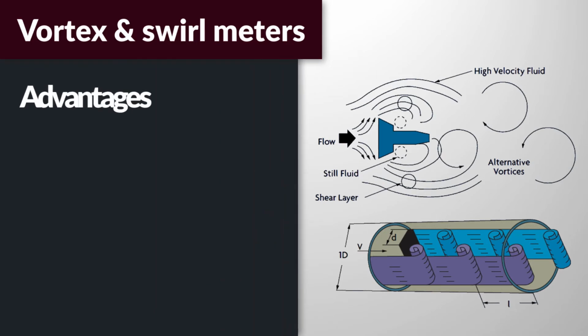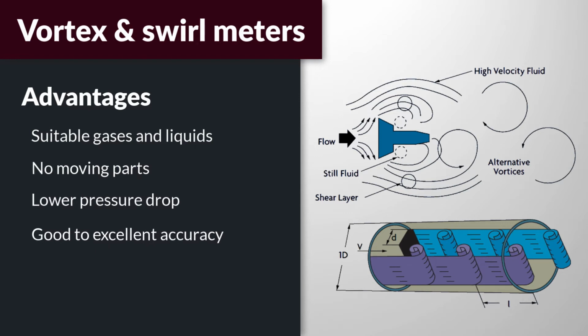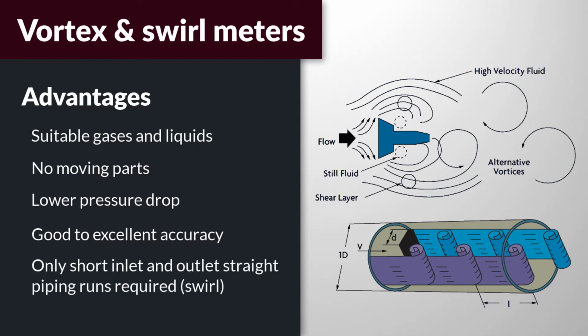On their plus side, these types of meters are suitable for liquids and gases and have no moving parts. They incur low pressure drop and provide good to excellent accuracy. And for the swirl design, they only require short inlet and outlet straight piping runs.